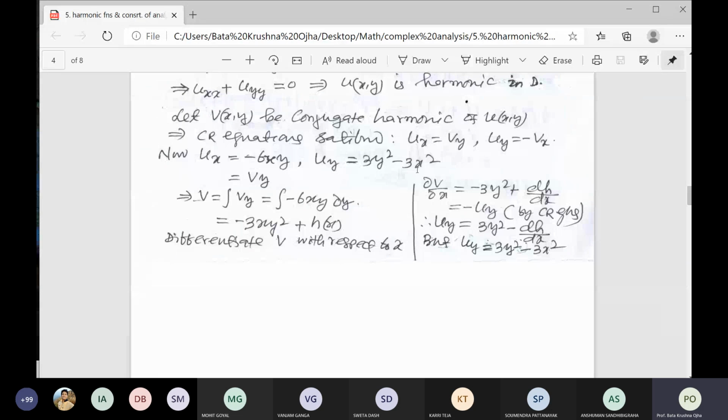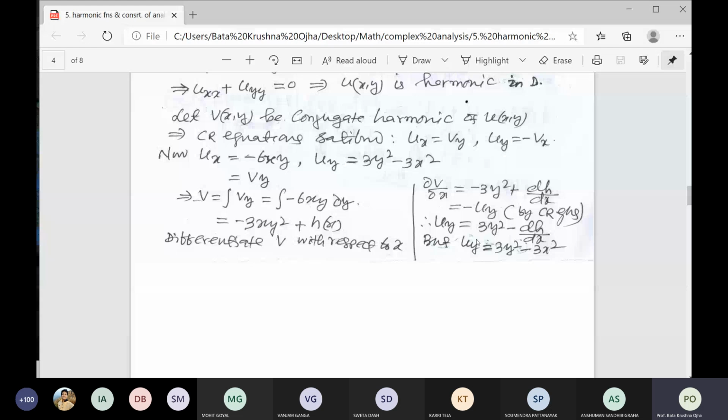Now we write u of y is equal to 3y square minus dh by dx, because this is our minus u y, so taking minus on both sides, we get u of y is equal to plus 3y square minus dh by dx. But u of y is equal to 3y square minus 3x square. So you put it on the left side and cancel the similar term.